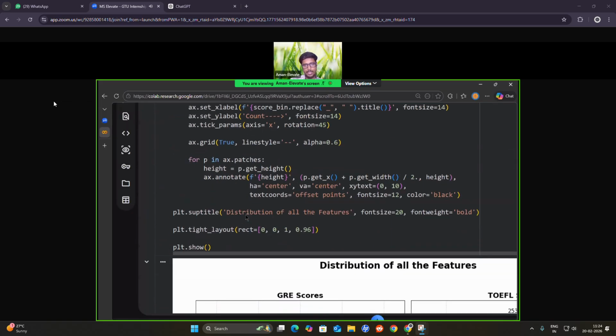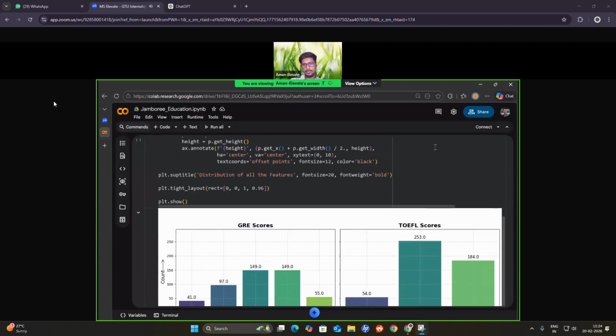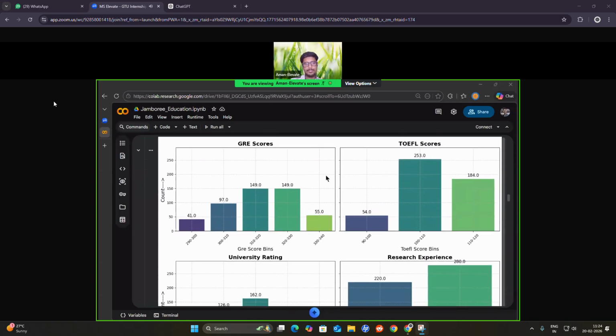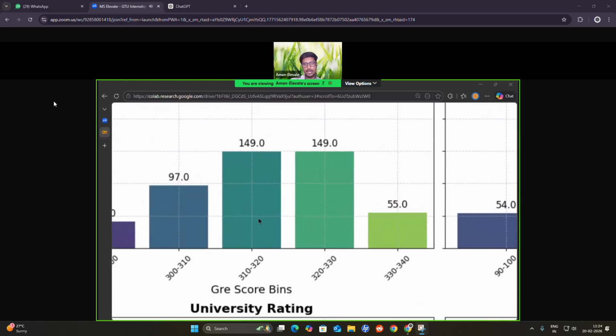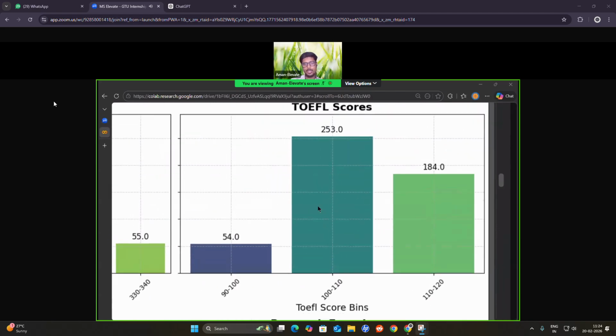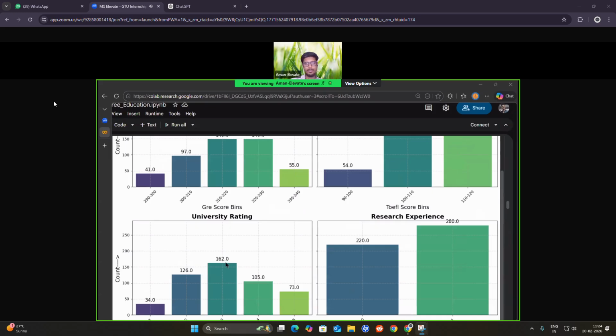Nice. Now let us check the distribution one by one. So this is the distribution. You can see the GRE score, the maximum count is coming from 320 to 330, 149. Then the TOEFL score range, above 50% of people belong to 100 to 110.